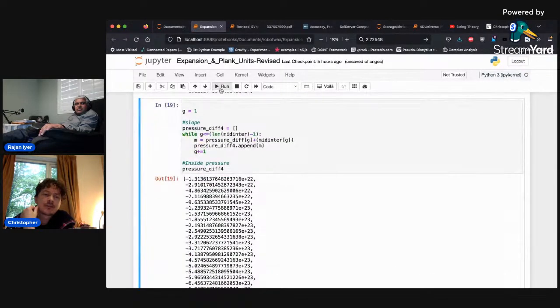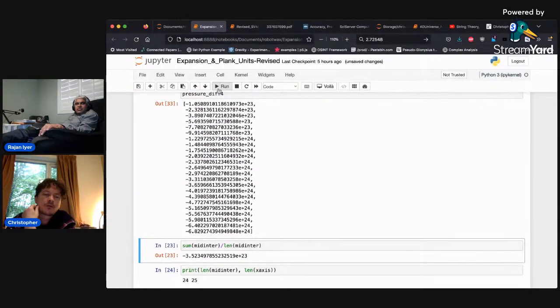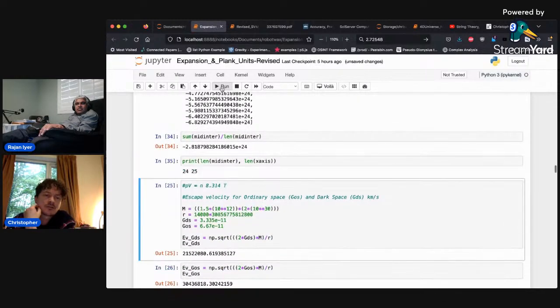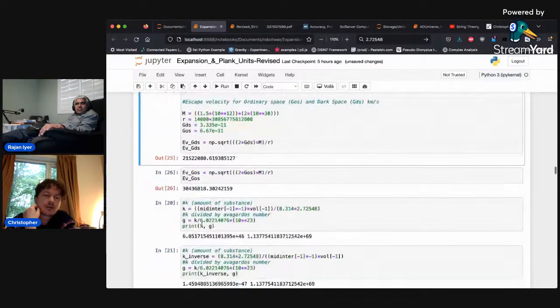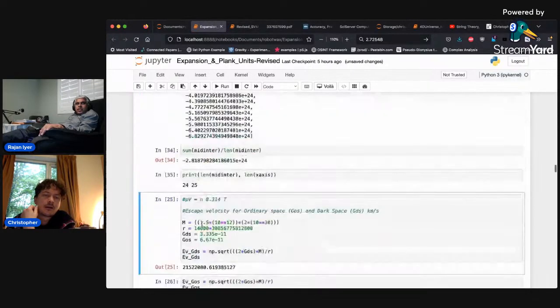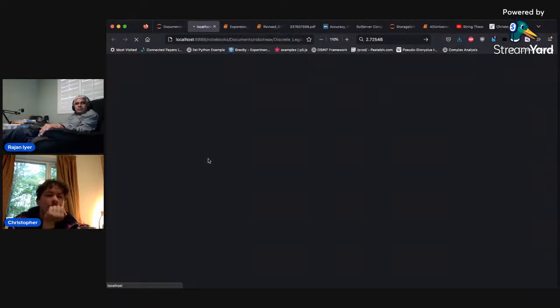Okay, everything seems to be going well. Oh, now I think those values changed, did they? I'm not sure. That value changed, but maybe that's not too important. Maybe I'm in the wrong notebook.